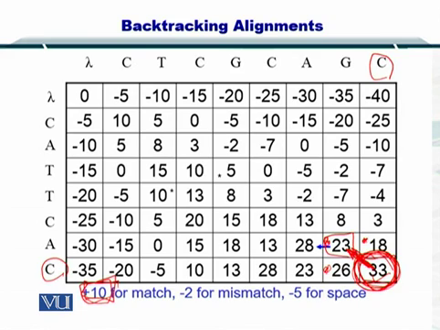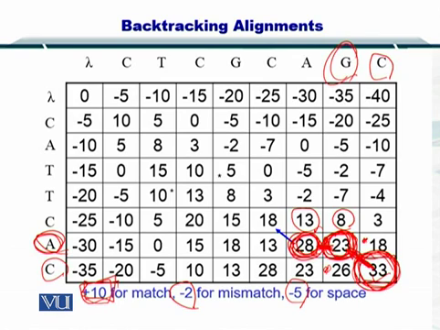Next, this G does not match with an A here, so the mismatch is minus 2. So 13 minus 2 would have been 11. And here 28 minus 5 was 23. And here 8 minus 5 would have been 3. So this is the position which was the maximum, and therefore we will connect it like that in the traceback.